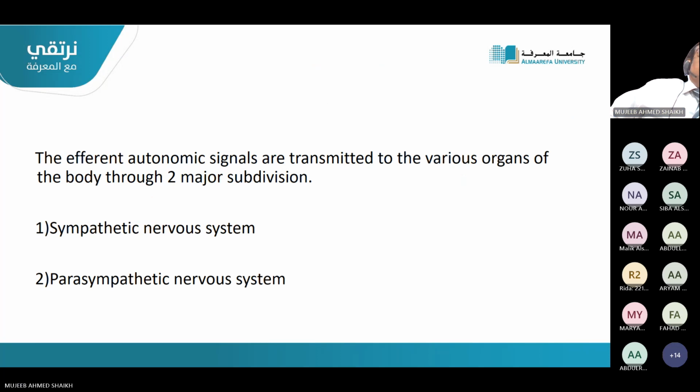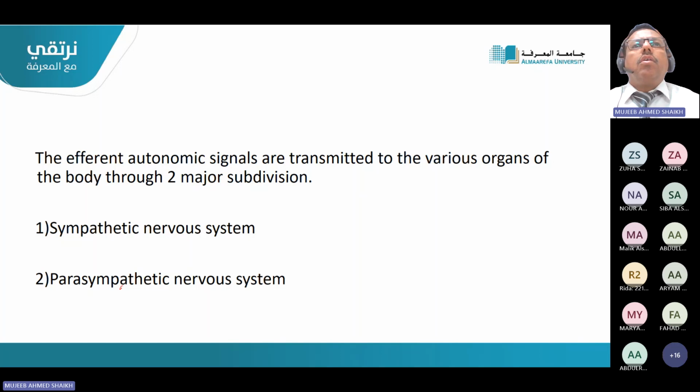So the commands which come to the organ in the autonomic nervous system are again of two types. One is the sympathetic division of the autonomic nervous system, and the other is the parasympathetic division.